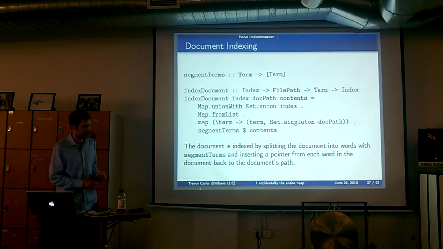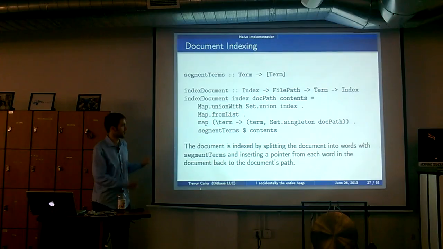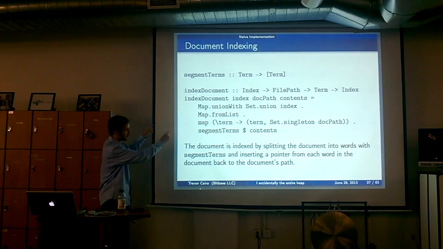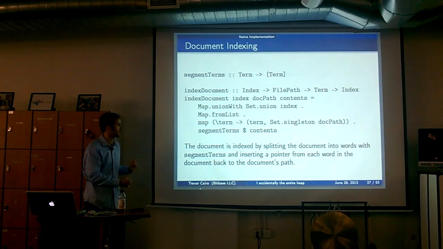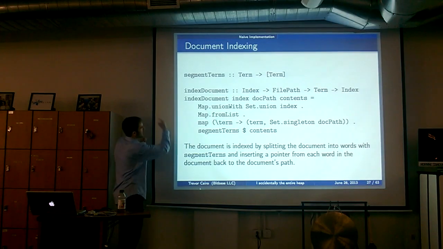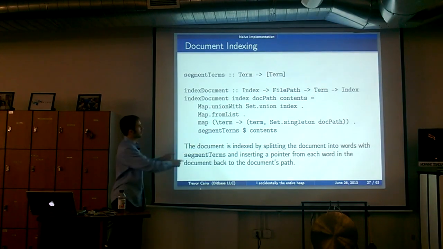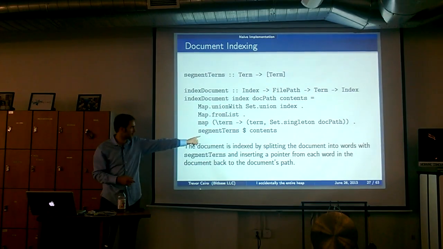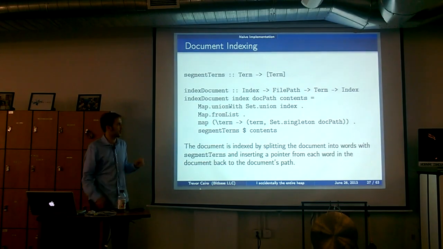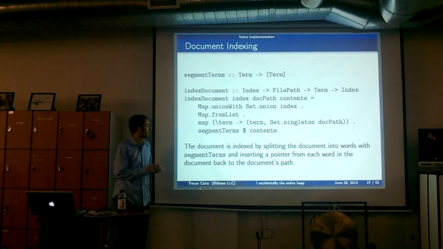So the way we do this is we first split up the document. When it's a bunch of dotted together composed functions, you want to read it from right to left. And so we're taking the segment terms function, which breaks up the contents of the file into a list of terms, which are strings for now.